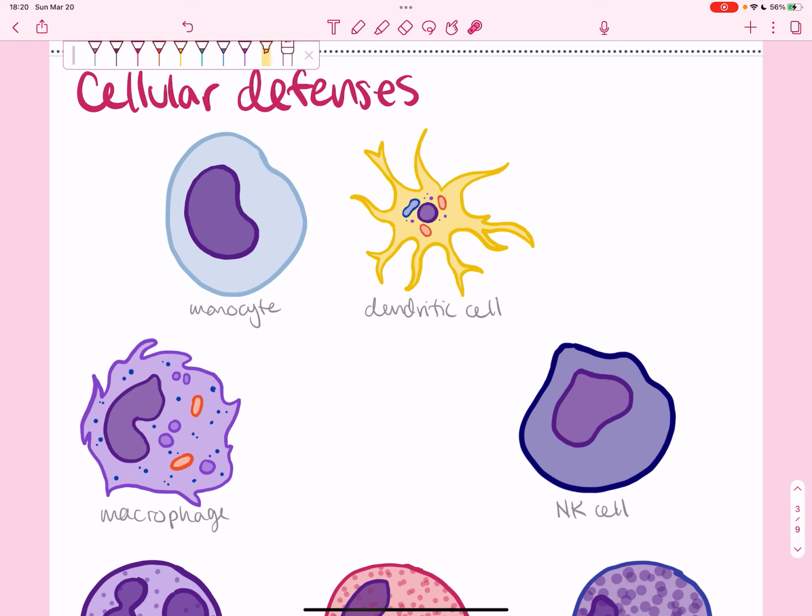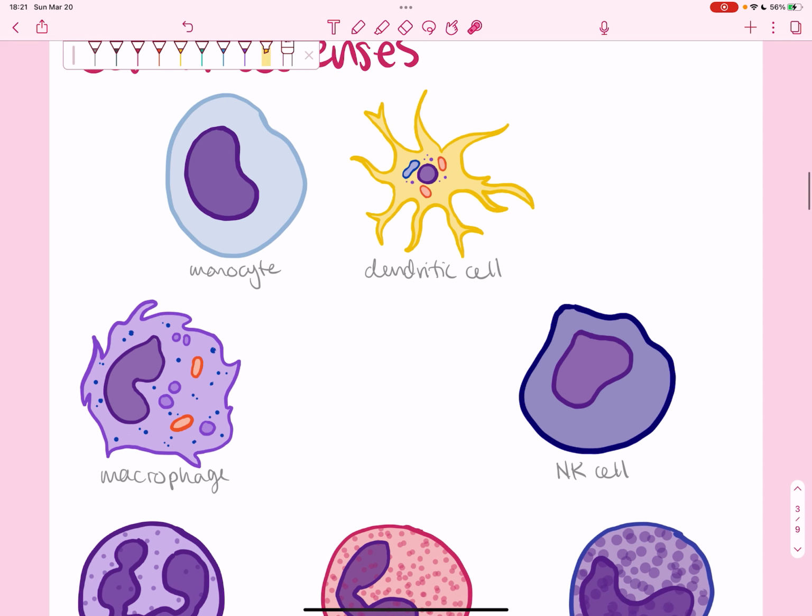Monocytes in the bloodstream become macrophages in tissues, and for example, in the central nervous system, you have microglia. In your skin, you have Langerhans cells. In your bone, you have osteoclasts. Those are all macrophages.